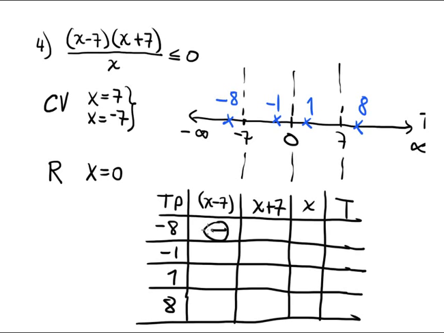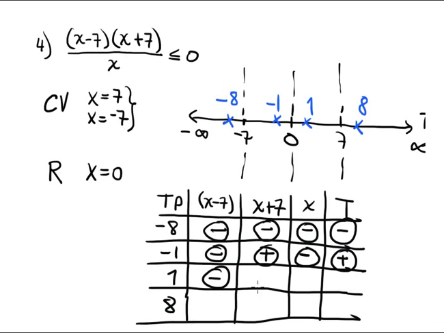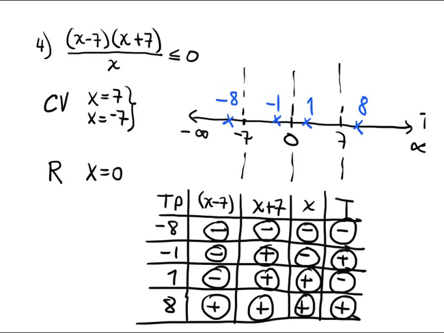This is negative, this is negative, this is negative, 3 negative, negative. This is negative, this is positive, this is negative, and positive. 1 is negative, this is positive, this is positive, this is negative. And 8 is positive, positive, and positive. Therefore, it's positive. Our inequality is less than.